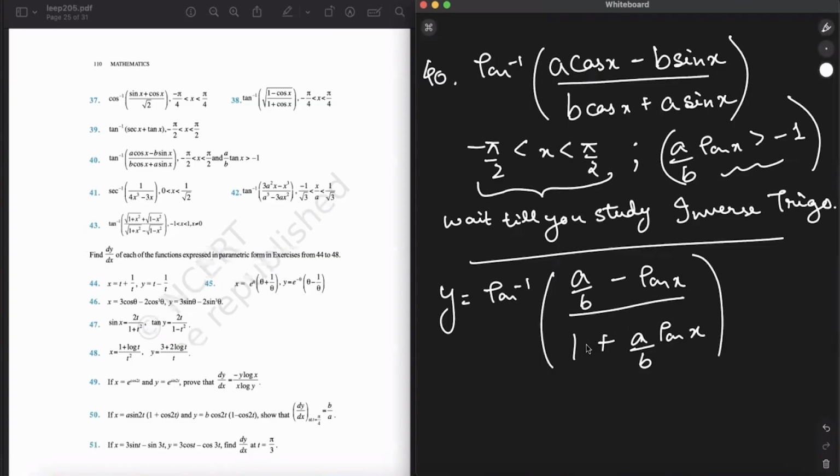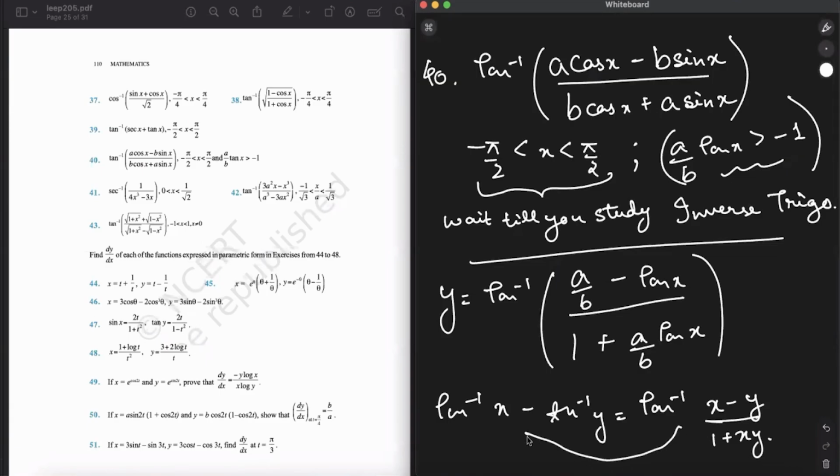So now what can I do? Recall this formula. Tan inverse x minus tan inverse y we can write as tan inverse of (x minus y) over (1 plus xy). Do you remember this? Now I'll just go backwards from here. It is in the tan inverse (x minus y) over (1 plus xy) form. So I'll just write it like this.